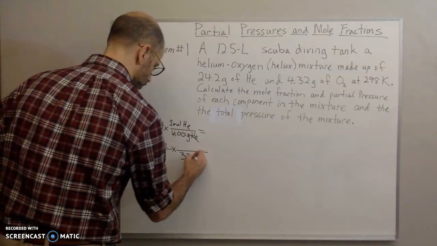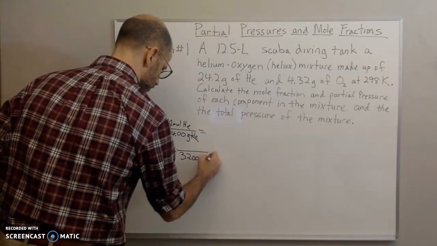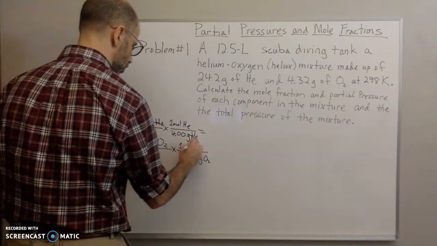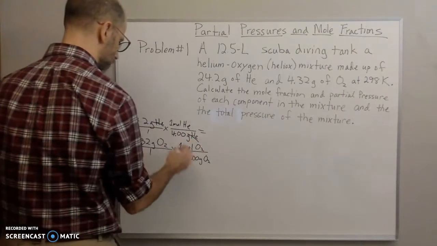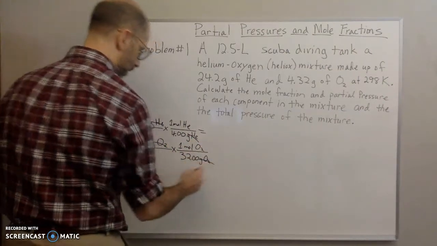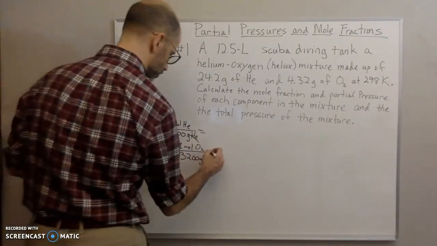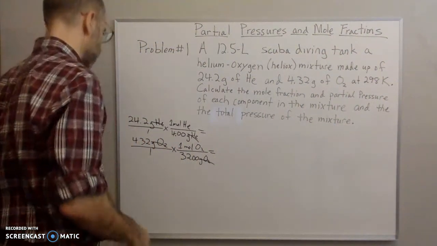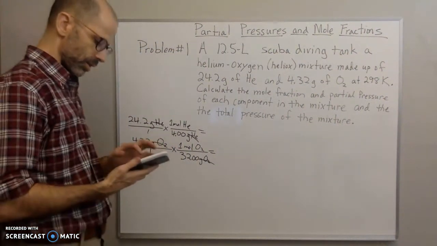So 32.00 grams of oxygen on the bottom, and 1 mole of oxygen on the top. Again, grams of oxygen cancel out. Now you have moles.